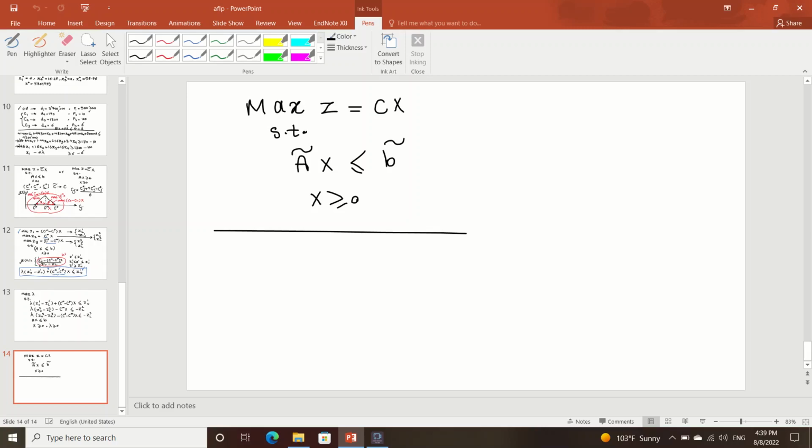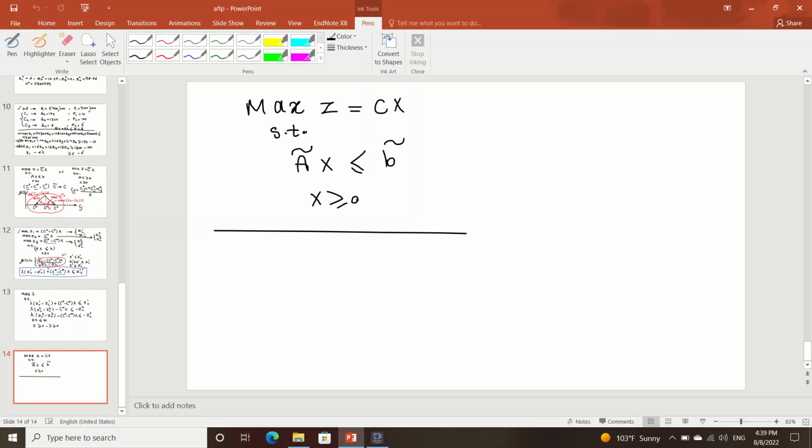And in this state, we are going to discuss the technological coefficients and the right hand side in the constraints.